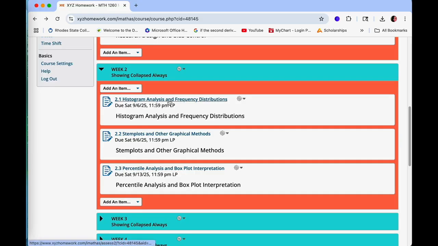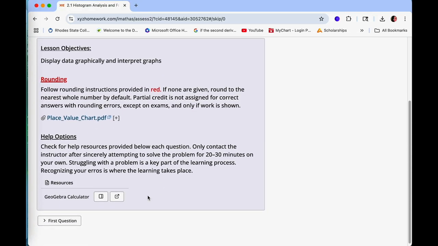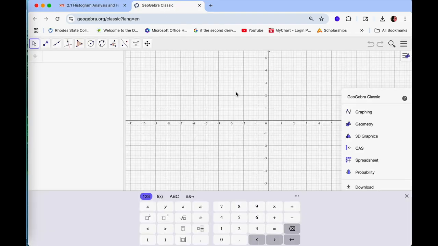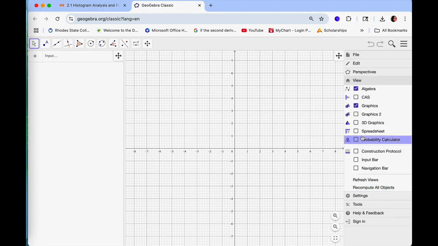So from the homework, we can access GeoGebra. If you don't already have your window open, I'm going to go to spreadsheet view. If that doesn't open for you automatically, you can find it by going to the 3 lines here and go to view. And then you want to click on where's spreadsheet.